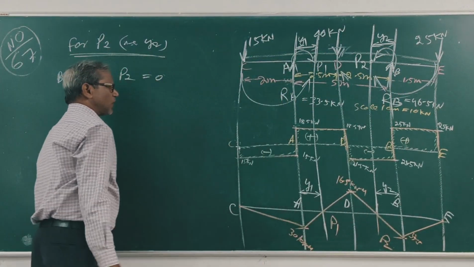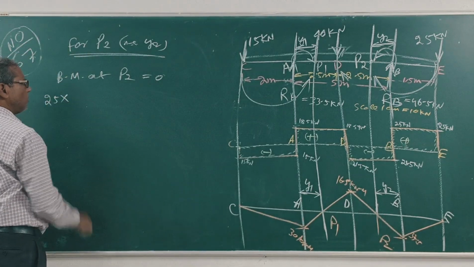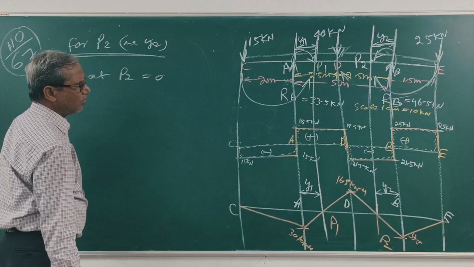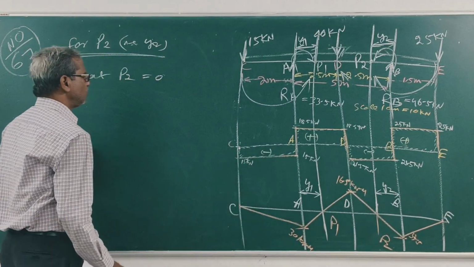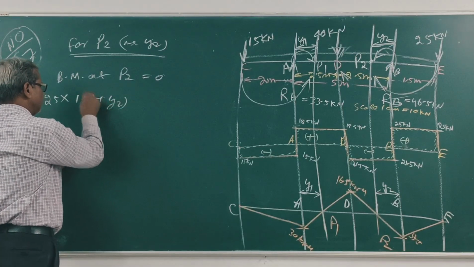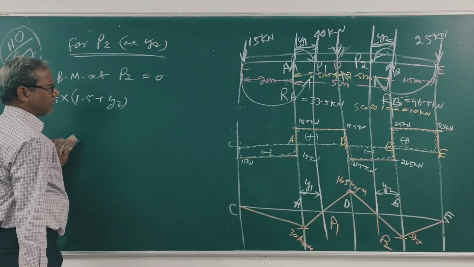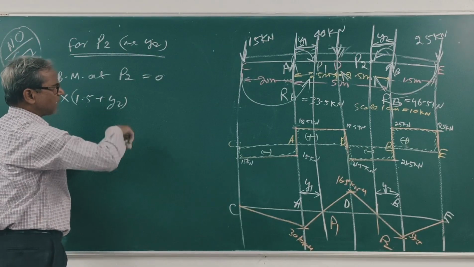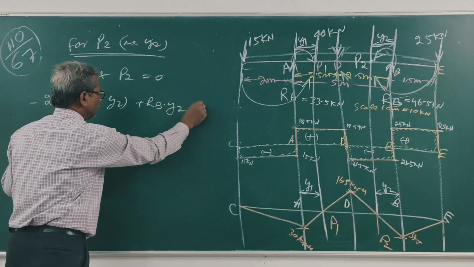So 25 into 1.5 plus y2, minus 25 because clockwise is negative, plus RB into y2 is 0.